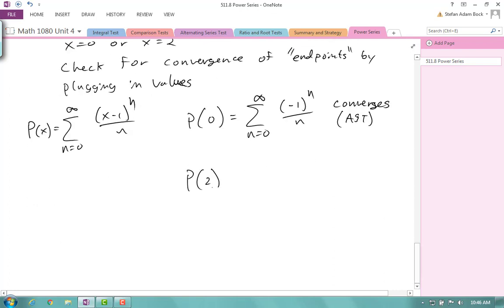But p of 2 would be equal to the sum from n equals 0 to infinity of 1 to the n, 2 minus 1, yes. But this is the harmonic series. And we should all know by now that this diverges.